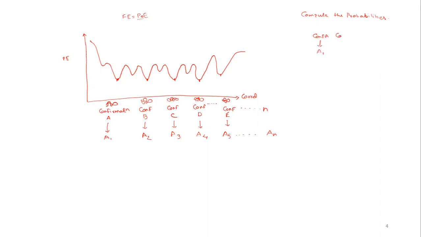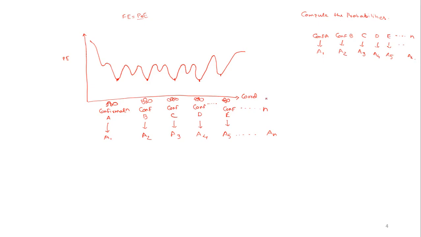Then we have got conformation B, which we know has got value of A2. For C we have got value A3. For conformation D we have got value A4. For conformation E we have got value A5, and for conformation N we have got value AN.